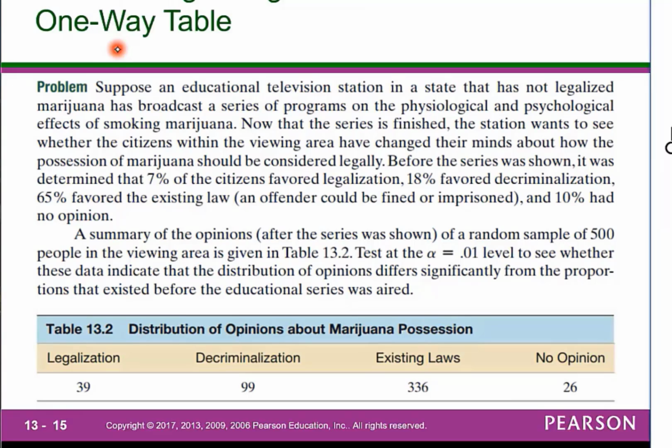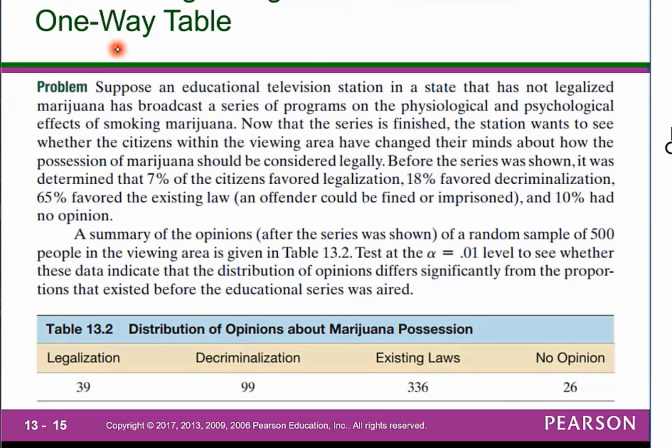Before the series was shown, it was determined that 7% of the citizens favor legalization, 18% favor decriminalization, 65% favor the existing law, under which an offender could be fined or imprisoned, and 10% had no opinion.